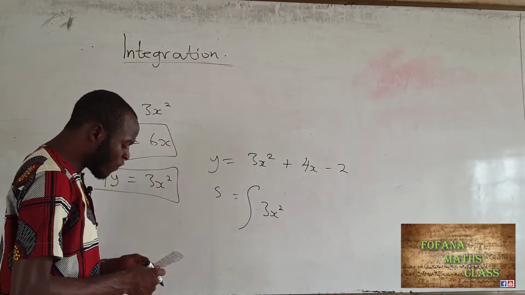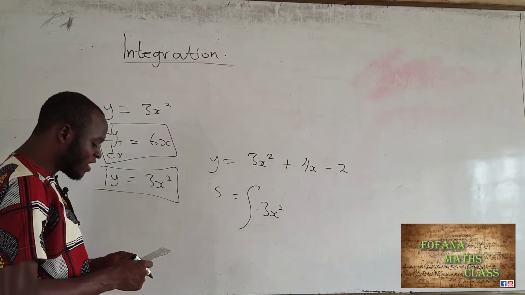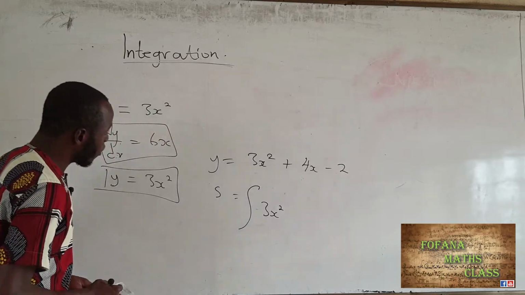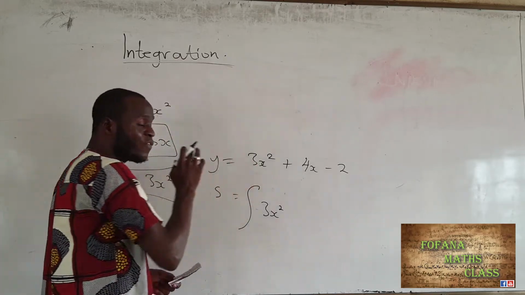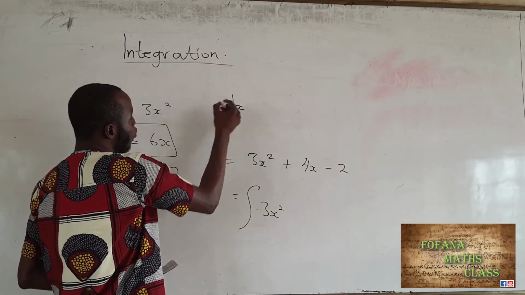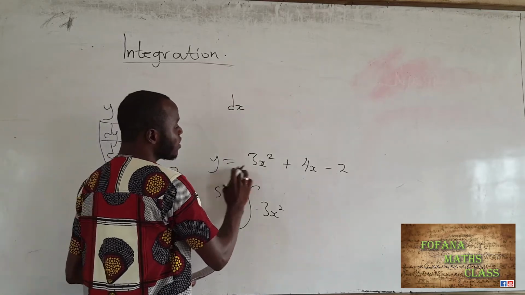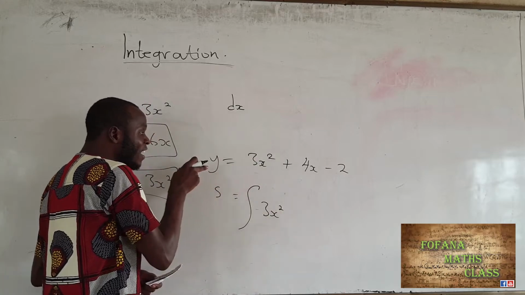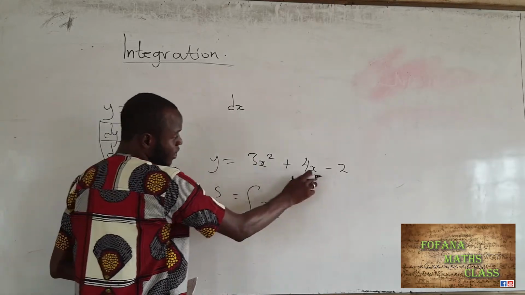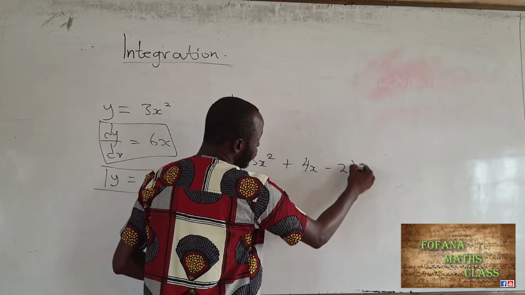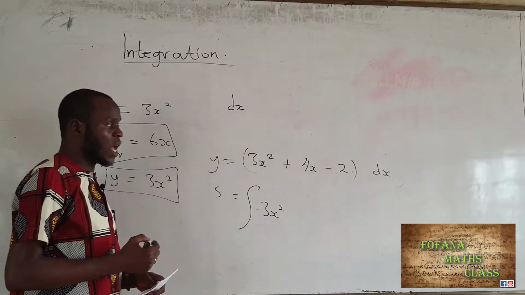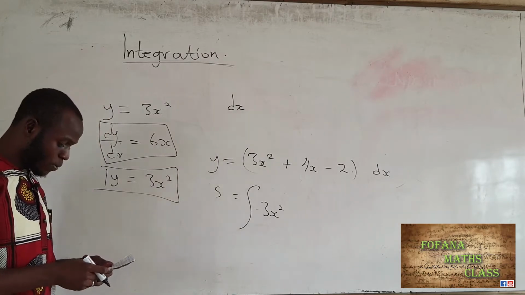Now the variable of integration is shown by adding d after the function to be integrated. The variable that we are integrating with respect to is shown by adding d to the variable. So to show that we are integrating with respect to x here, we attach d and x.